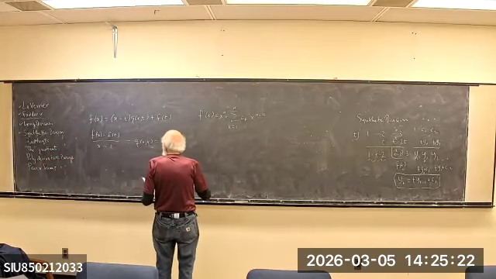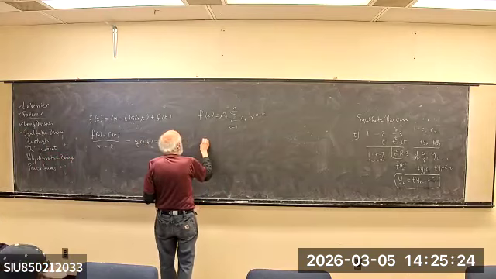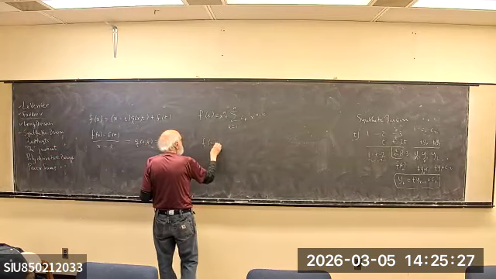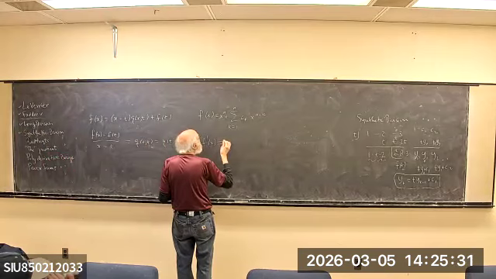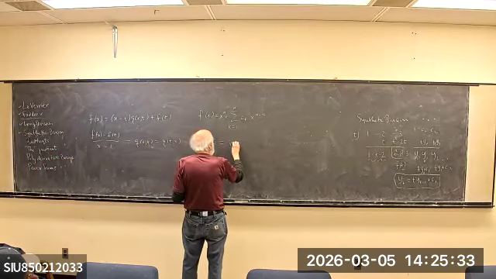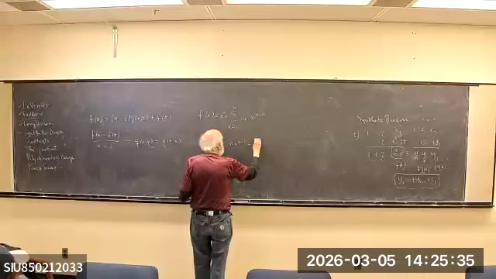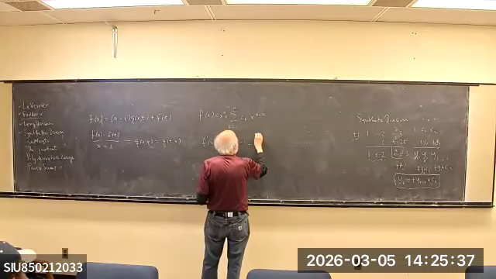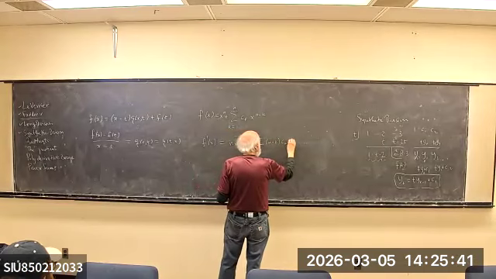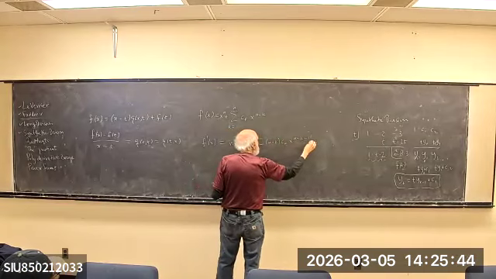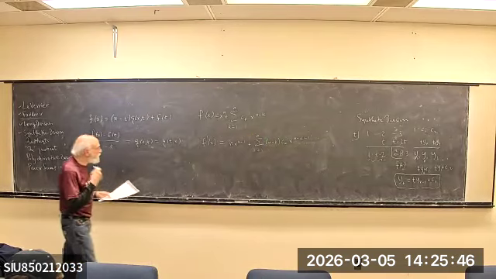I want to say a little bit more about a polynomial. If you have a polynomial and you write it this way, you can differentiate it. This formula will be crucial later on, so just keep track of that.